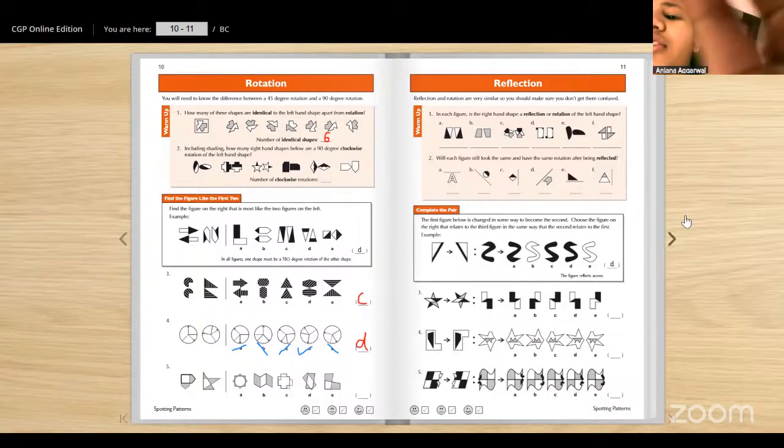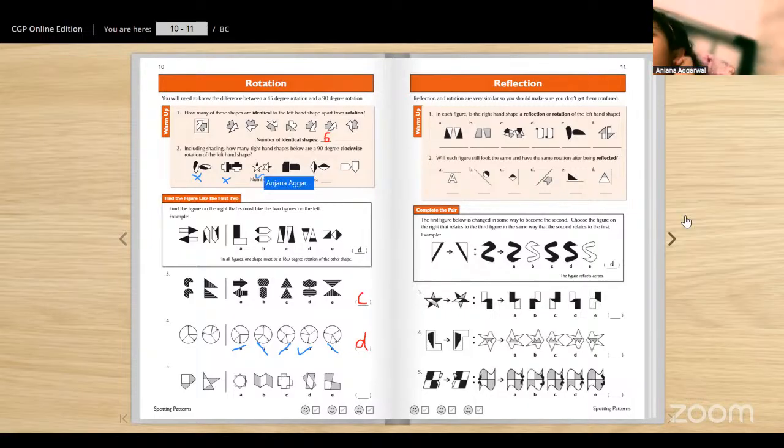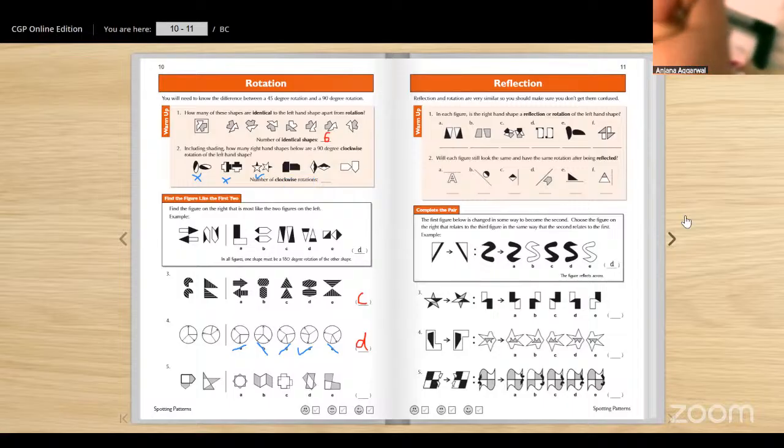Oh, okay. So this is incorrect. Yeah, this is incorrect because it is having different shading and going in an anti-clockwise direction. This is correct because it's going anti-clockwise. The next one is not correct because it's not anti-clockwise and it's not the shape on the right-hand side. Wait. This is not 90 degrees.